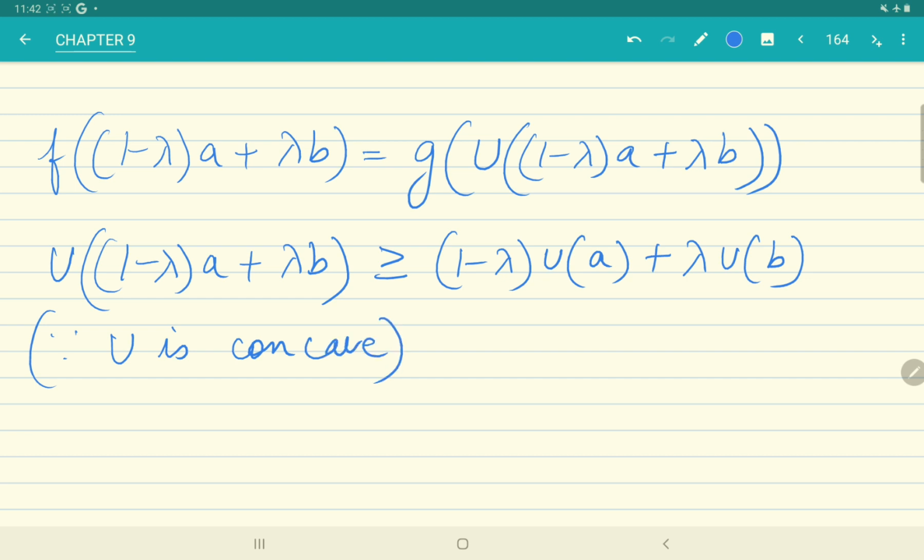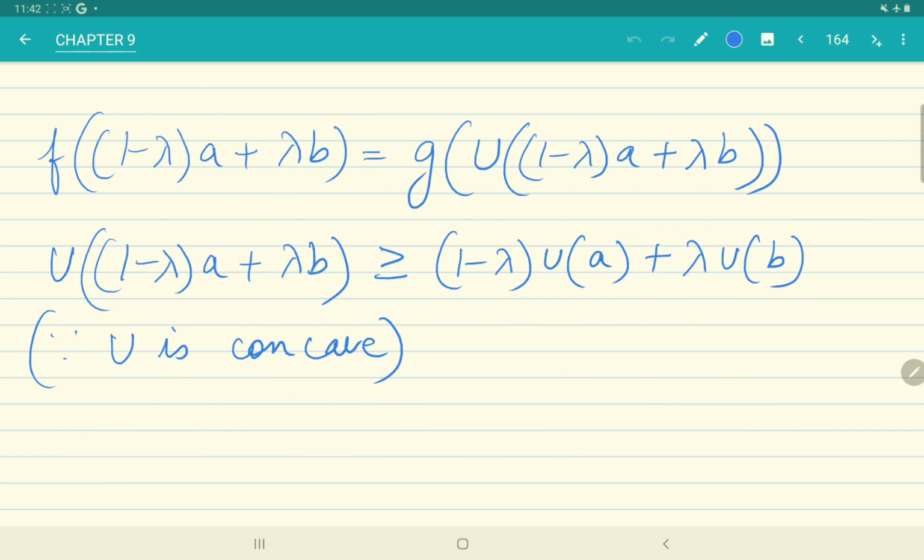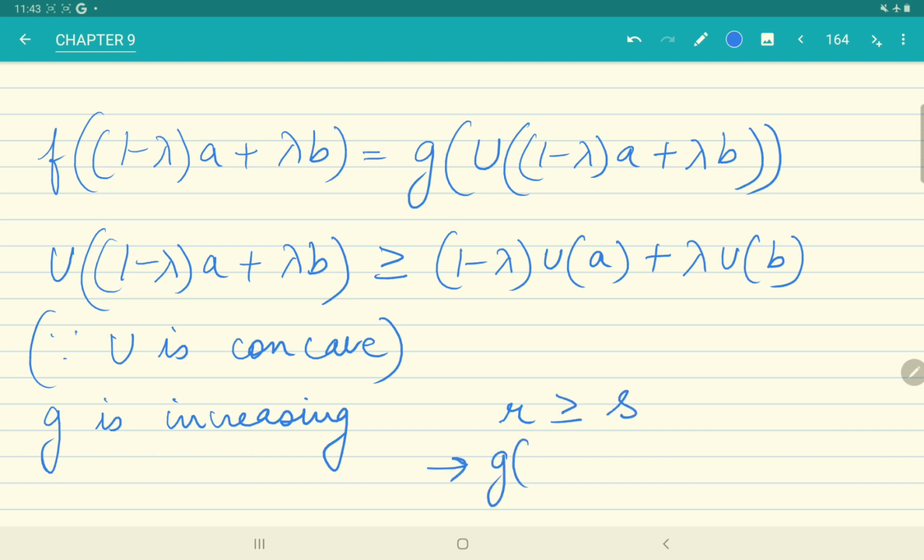I know that g is increasing. This is also what I have written here: g is an increasing concave function. So g is increasing, and what does that mean? That just means that if you have r greater than or equal to s, that implies g of r is greater than or equal to g of s.